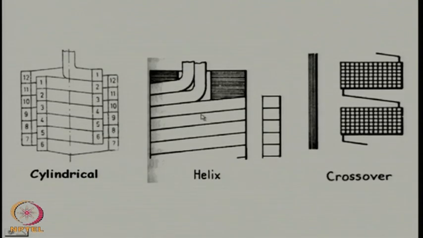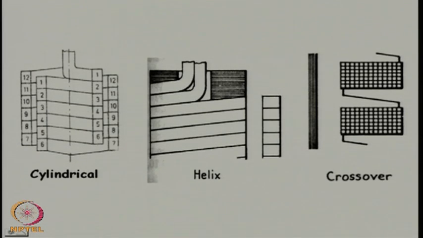Now, coming to the windings, there are many different types of windings that are used with transformers depending on their voltage and current rating. For single phase transformer, usually 3 types of windings are used.